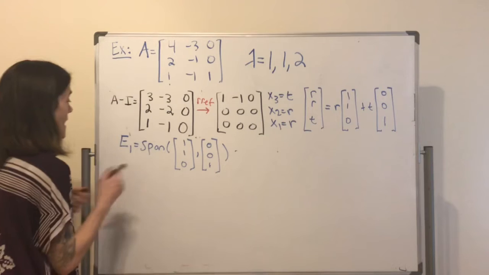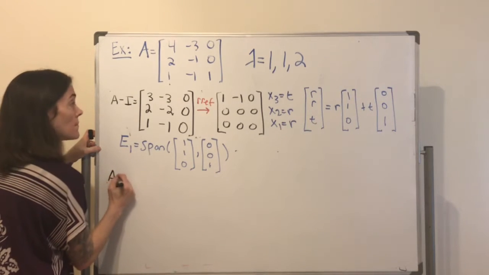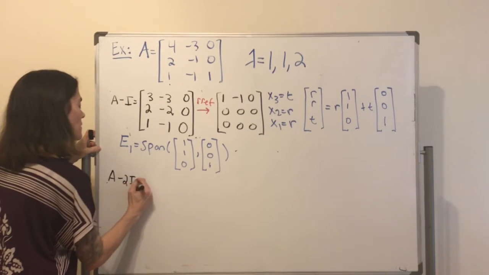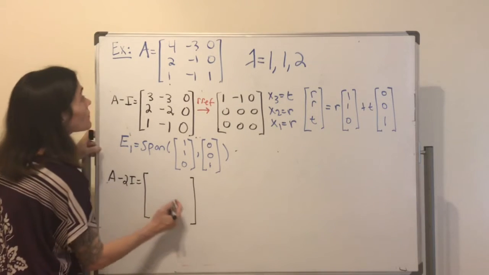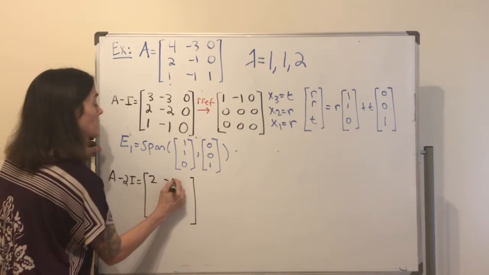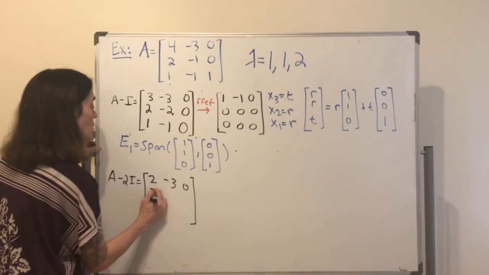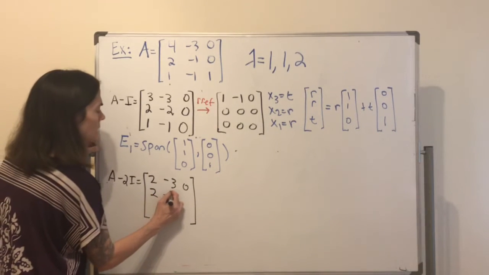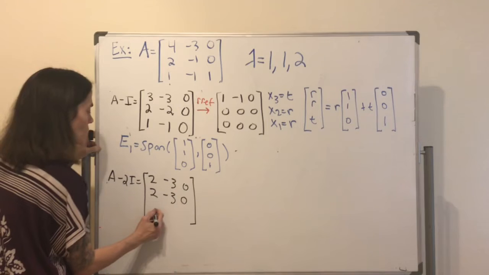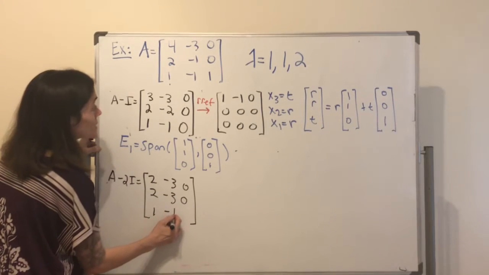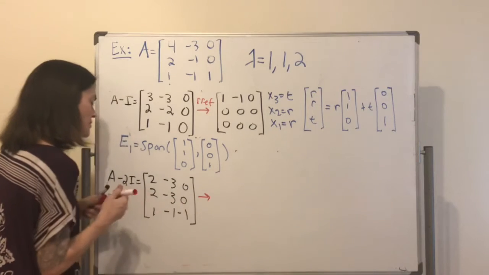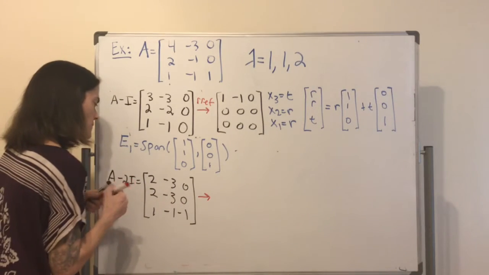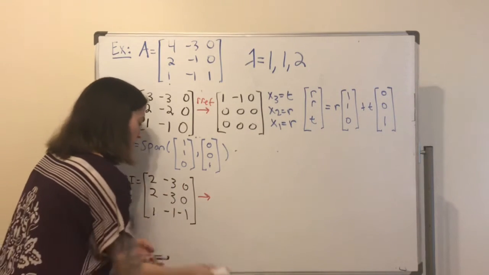Now we look at A minus 2I. This will be 2 minus 3, 0; 2 minus 3, 0; 1 minus 1, minus 1. Maybe I will interchange the rows; I'm going to do 2 steps at once.